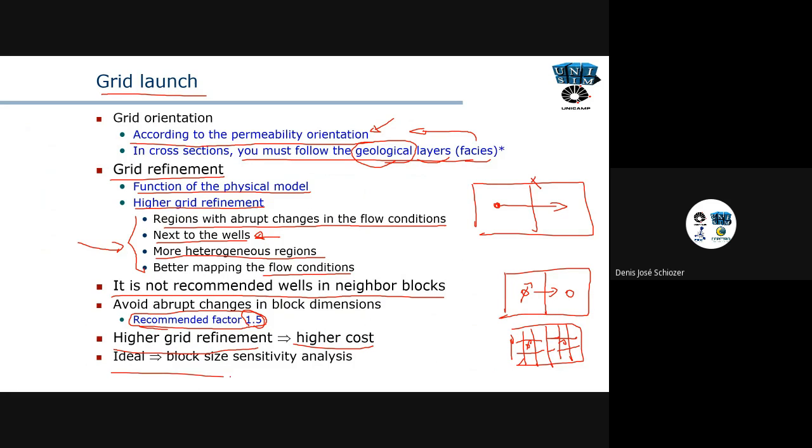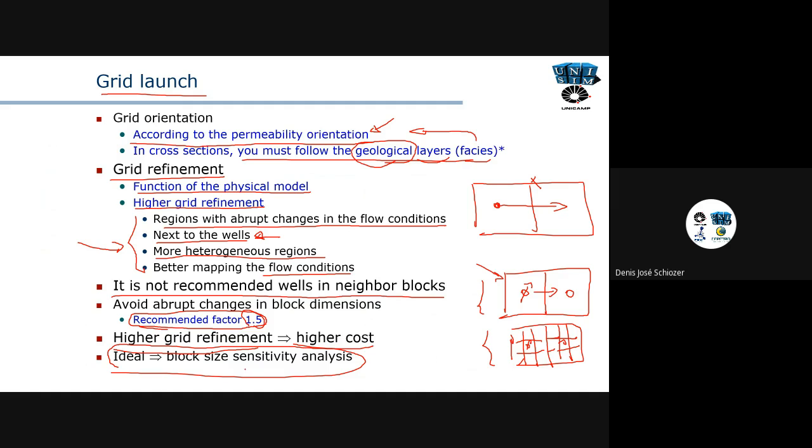The ideal thing is to do a sensitivity analysis, of course. If, for example, you simulate this condition here, and then you simulate this condition here, and the quality of the solution is almost the same, and this is half of the time, of course, I'm gonna use this solution here, okay?